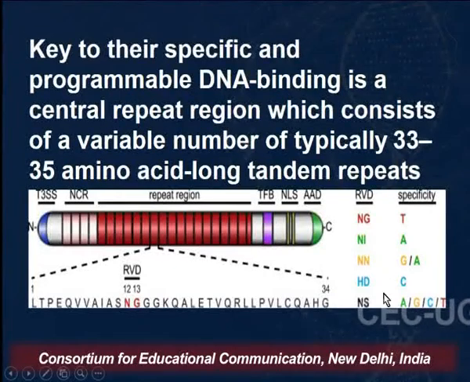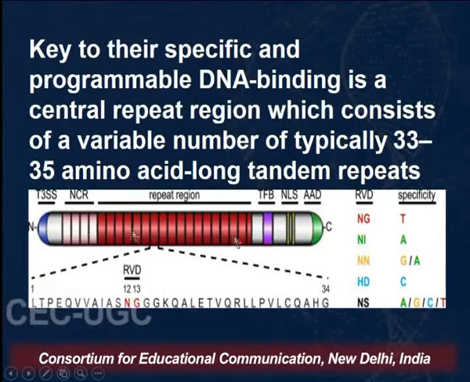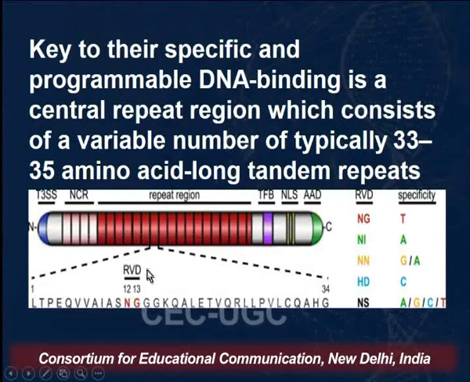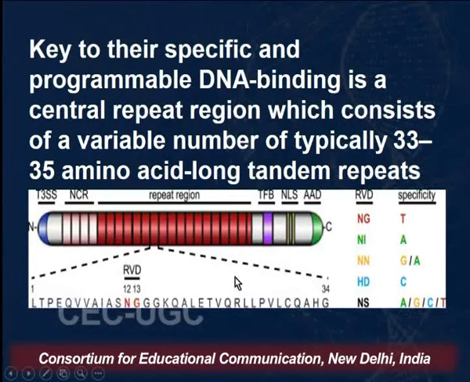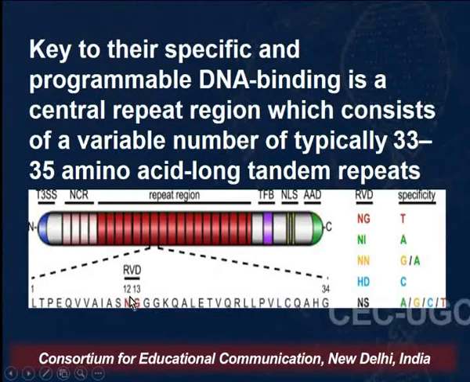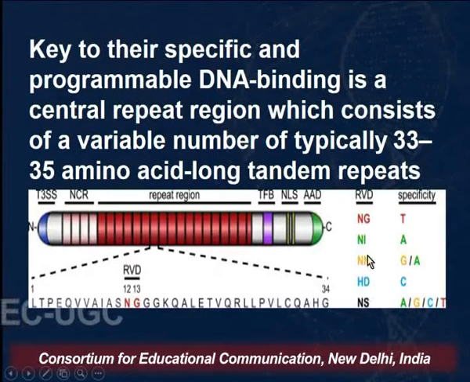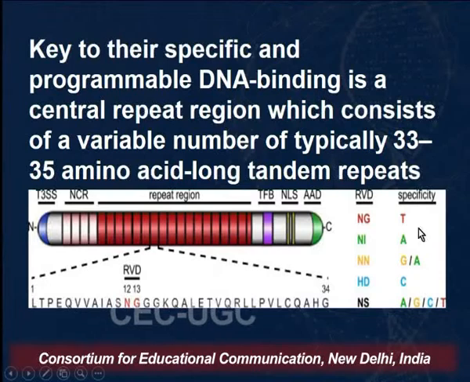So this dinucleotide within this repeat region is very important for the specificity of the molecule. General affinity can occur because of these domains, and recognition can occur because of these repeats, but the specific binding is because of these 12th and 13th amino acids, and based upon which variable residues are present here, they can bind to different specific nucleotides.